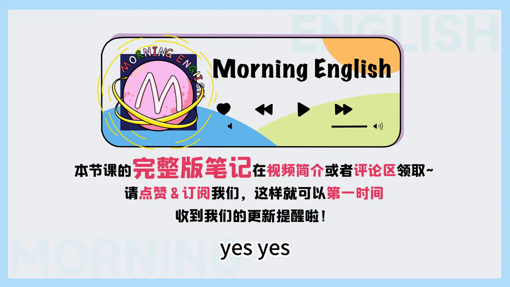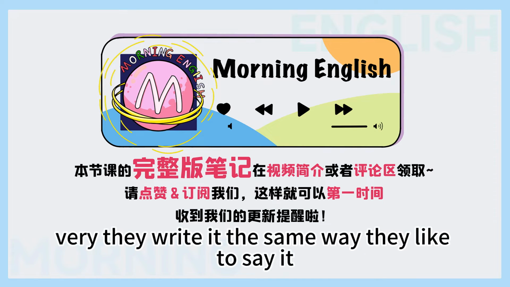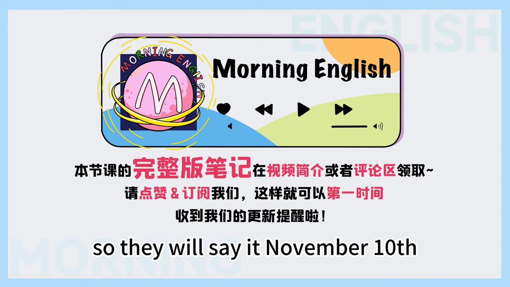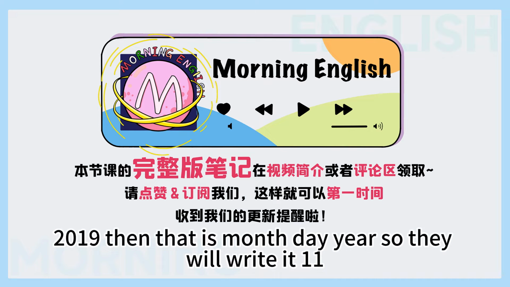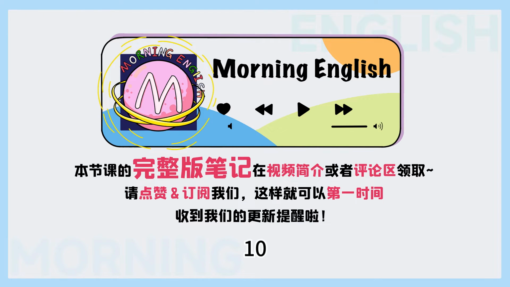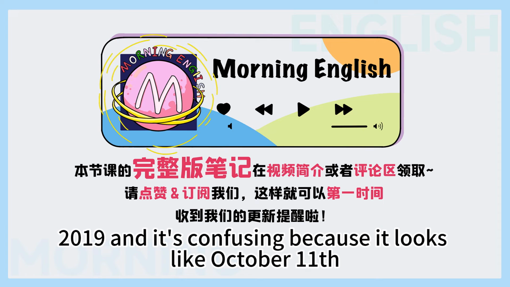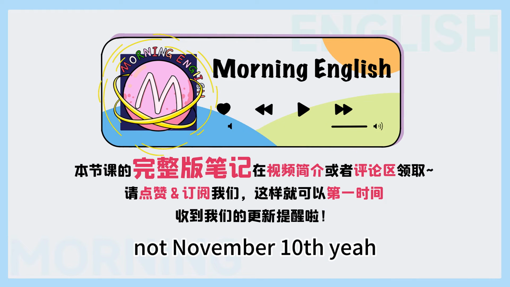Yes, very. They write it the same way they like to say it. So they will say it November 10th, 2019. And that is month, day, year. So they will write it 11/10/2019. And it's confusing because it looks like October 11th, not November 10th.